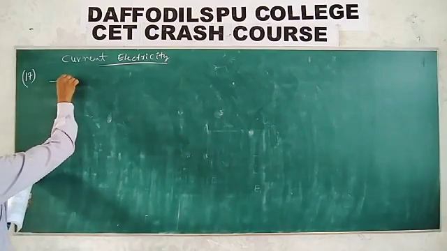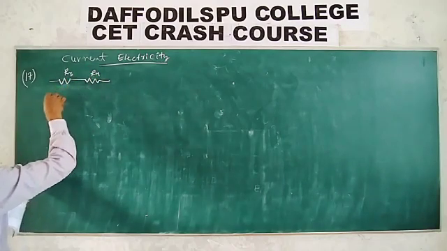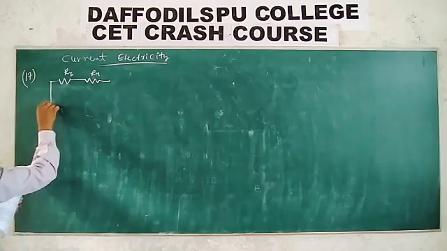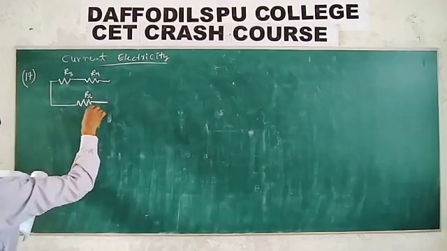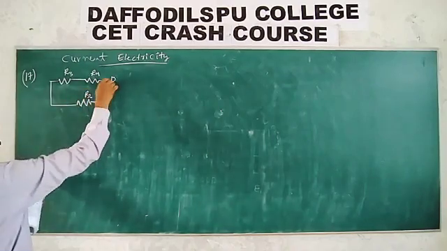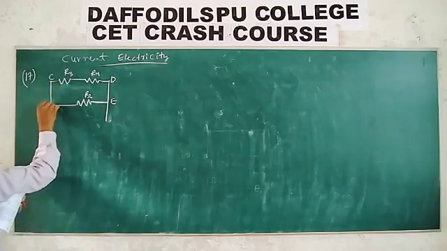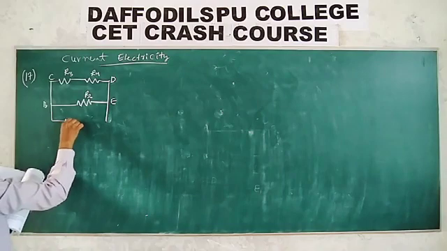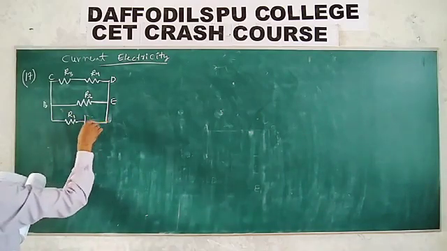So let us see, R3 and R4, we have resistance R2, and here D, C, E, B, and one more resistor R1, and one more cell is given here.